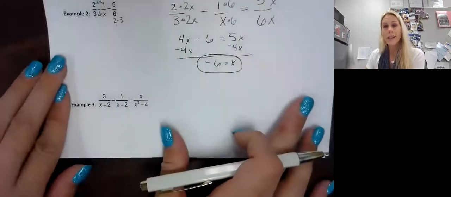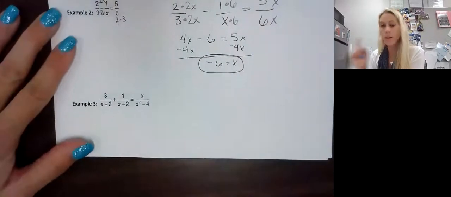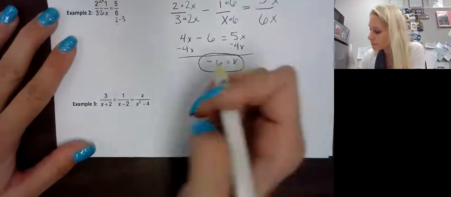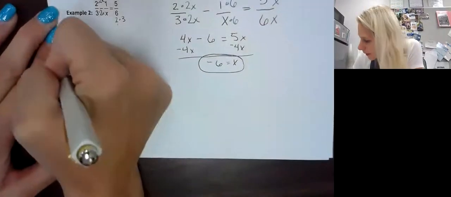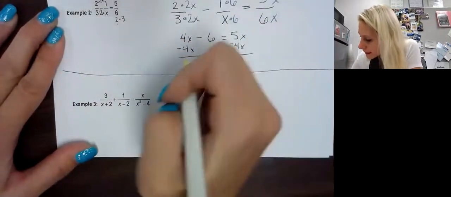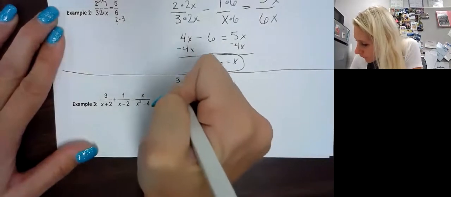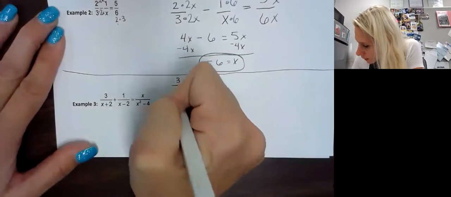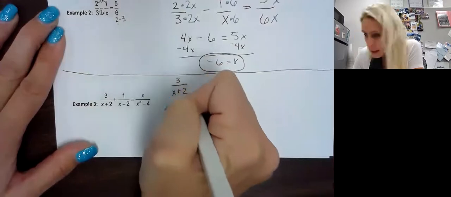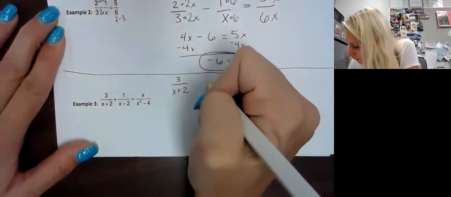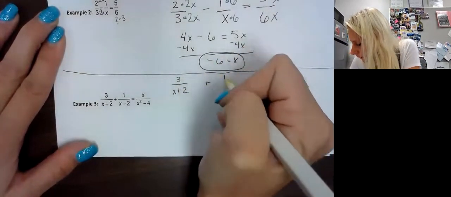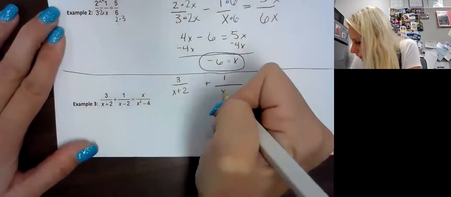All right, let's see how complicated we can get. Remember, step 1 was to factor. So I'm going to draw a line so I can have some space. So if I look, my first expression here is factored. I'm going to leave myself some space. 1 over x minus 2 cannot be factored.